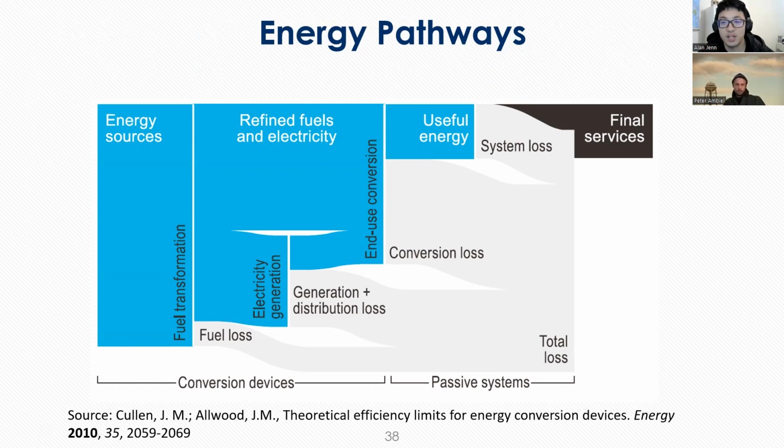So should we be thinking about improving energy efficiency at the final service stage, so improving the light bulb, or should we be making, for example, power plants more efficient? So improving the efficiency from your left side, primary energy to secondary energy.